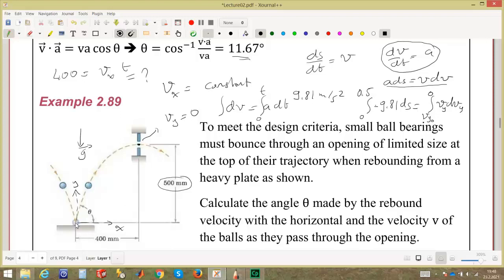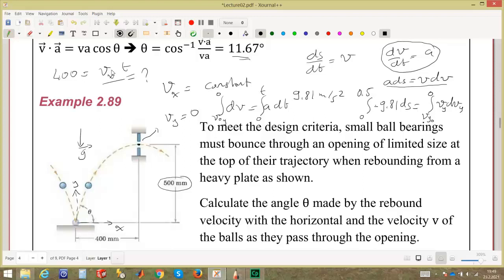Time 0 is when it touches the ground, and t is the moment it is at the top. The velocity goes from the initial velocity v0y to the final velocity 0. I already solved for v0y in the previous equation, so the only unknown here is time t, with acceleration negative 9.81. I will solve it and get the time.